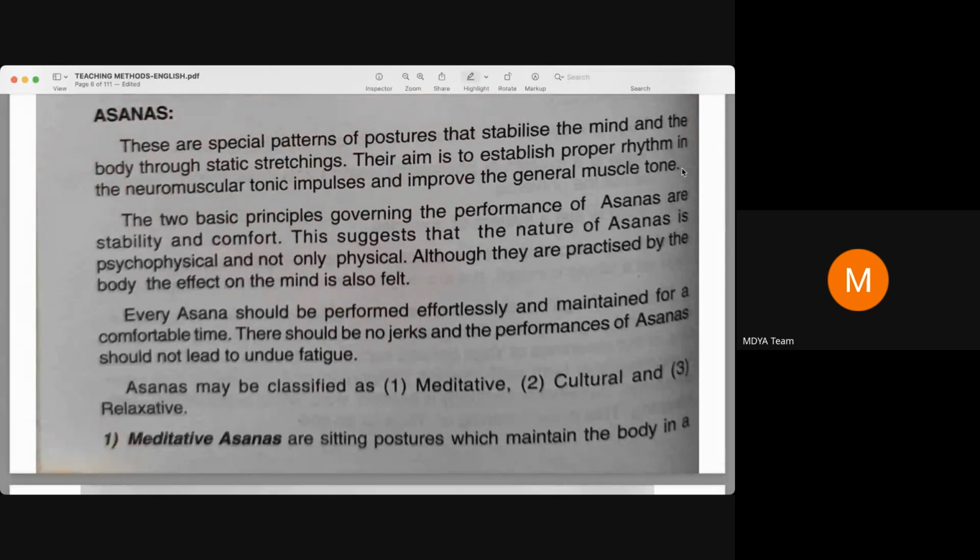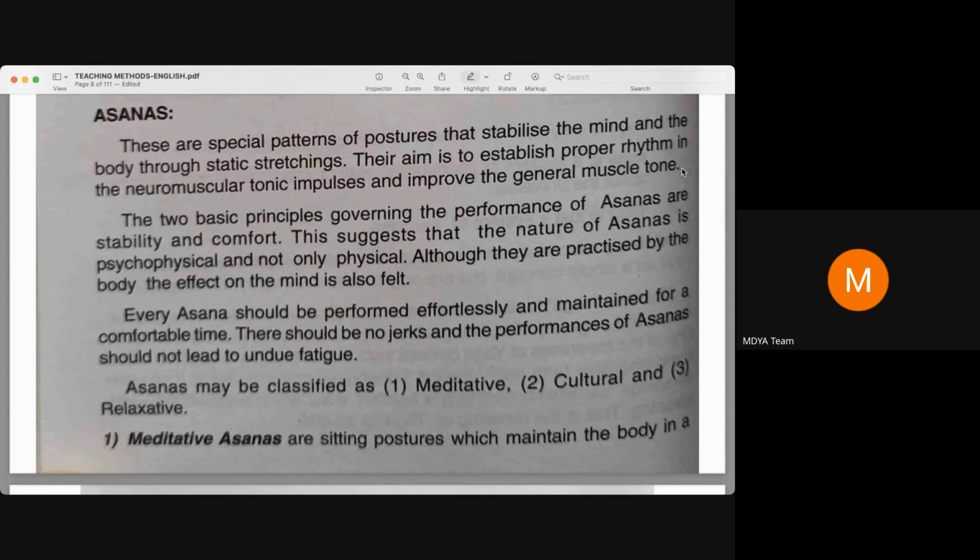This is to improve our flexibility also, and the functioning of various parts of our body, nerves, muscles, bones, and various organs, because if they are healthy, then only you can do advanced practices.